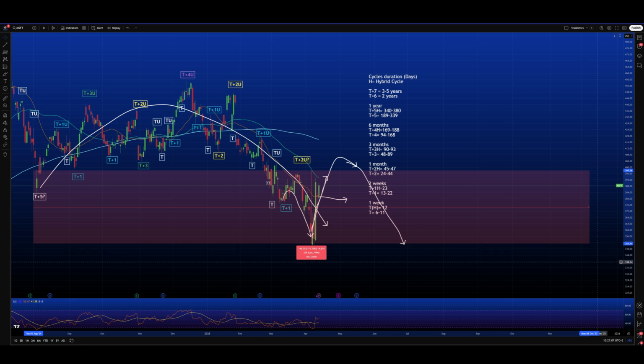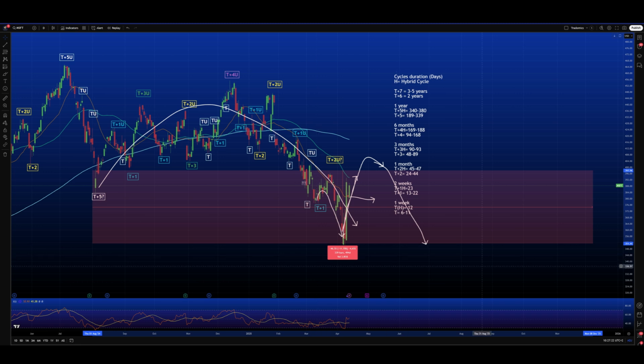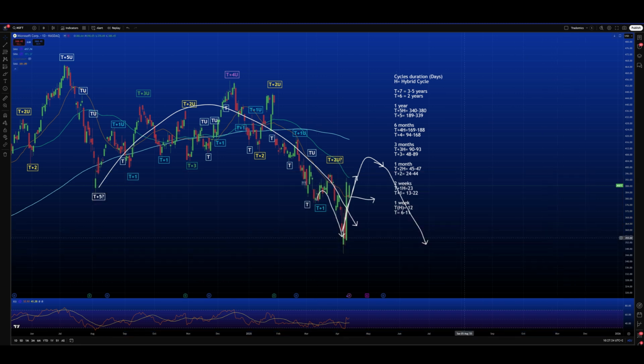So you need to be aware that we can have a steady state situation, but then we can continue falling back down to this low, at most until December 2025, excluding Bayetong. So that is the situation that I see at the moment on Microsoft.